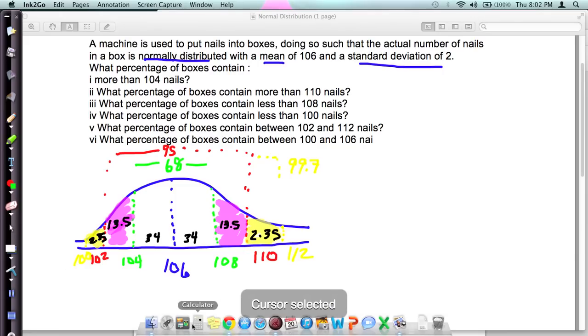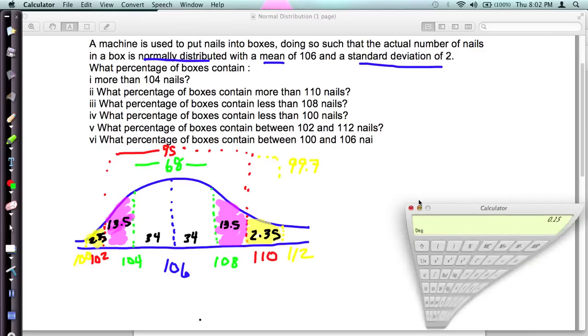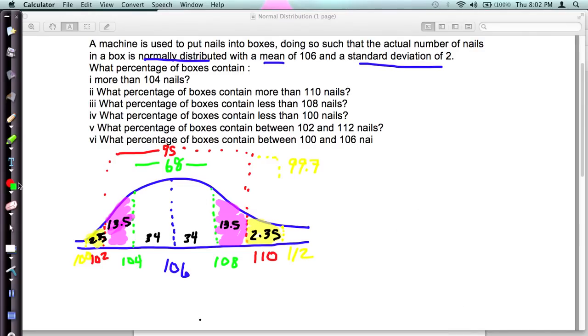So we're going to take 100 minus the 99.7, so that gives you the amount that you have total for both of those ends, which is 0.3. Then you have to divide it by 2, and you get 0.15. So we can label that now as each one of these is 0.15. You don't always have to label all of these pieces. I just wanted to show you in case we need any of them.